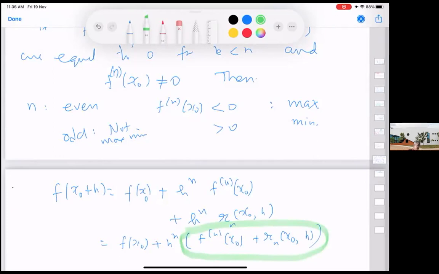So if n is even, then h to the power n is always positive, and therefore h to the power n times the green encircled object will have the same sign as the sign of f^(n) at x0. And that tells you that if f^(n) at x0 is negative, then x0 is a maximum, because if you deviate even a little bit, you're going down, and if it is positive, the other way.